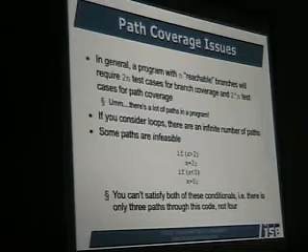However, it turns out no one uses path coverage because there's too much information. If you think about the last slide, it makes sense. Normally, if there are n branches in a program, it'll take 2 times n test cases to go down all the branches, but 2 to the n to go down all the paths.